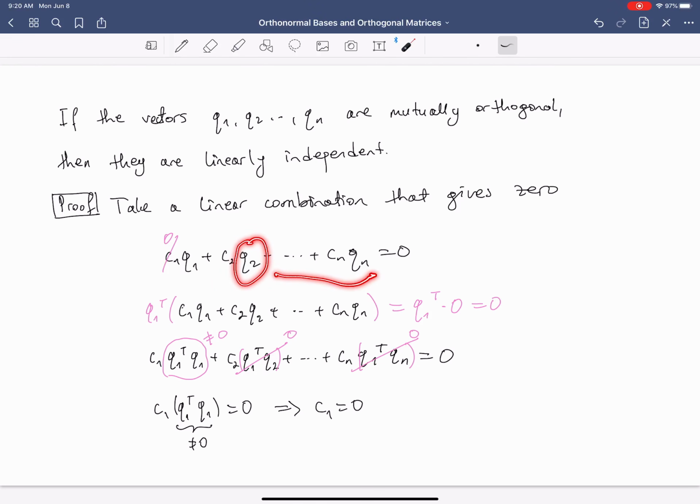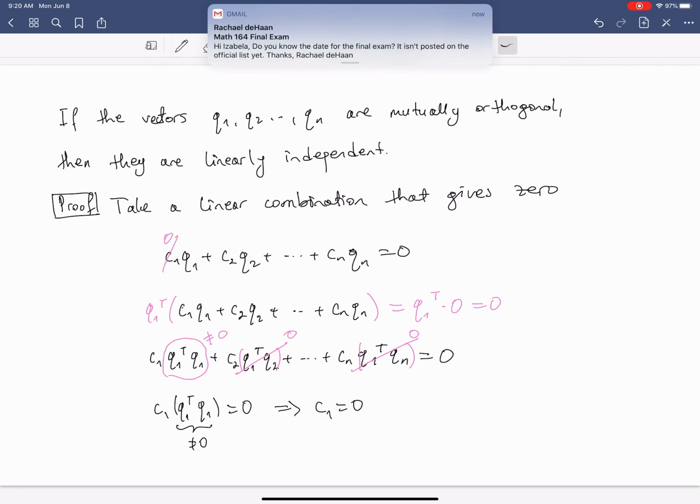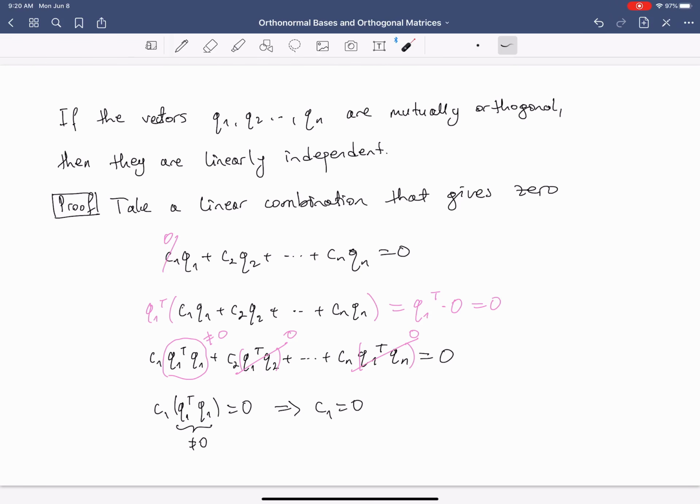Everything else will be 0 by the orthogonality of the q's. So that will force c2 to be 0, and so on, cn to be 0. I could have written this in a more general way, where instead of taking q1, I could have taken some qk, the kth one, and shown arbitrarily that ck would have to be 0, which in turn proves that everything is 0.